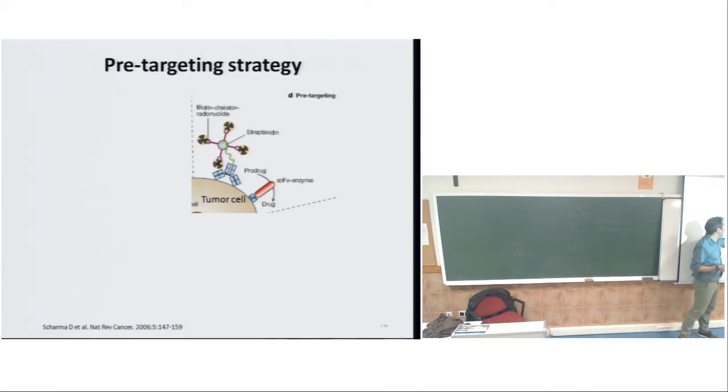If we combine the monoclonal antibody with an enzyme, a protein with catalytic activity, this enzyme can activate a prodrug, can convert a prodrug into a drug. And this drug will only be effective in the cells expressing the antigen.